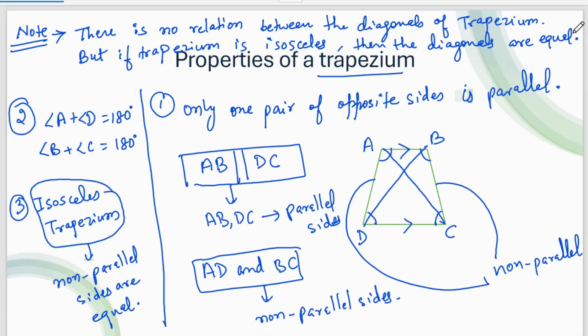Angle A plus angle D is 180 degrees, and angle B plus angle C is 180 degrees, because the sum of co-interior angles is 180 degrees. The third point is the isosceles trapezium, where non-parallel sides are equal. And I have written a note that there is no relation between the diagonals of a trapezium, but if the trapezium is isosceles, then the diagonals are equal.